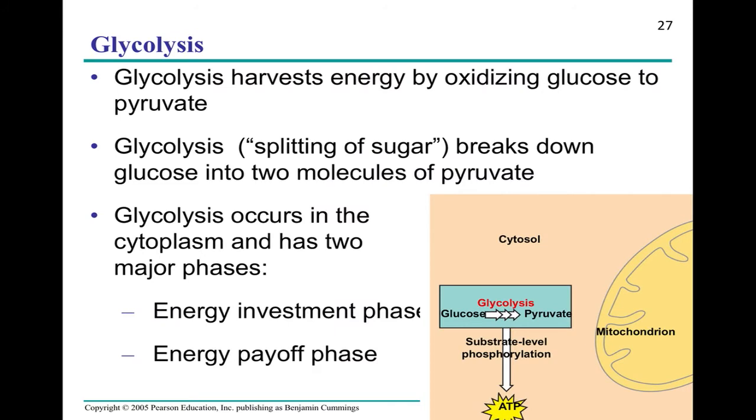Glycolysis has two phases: the energy investment phase, wherein glucose is going to start to break down when the cell uses ATP molecules as activation energy. And then the energy payoff phase is when glucose has started to break down and the energy released is captured and stored into ATP molecules.